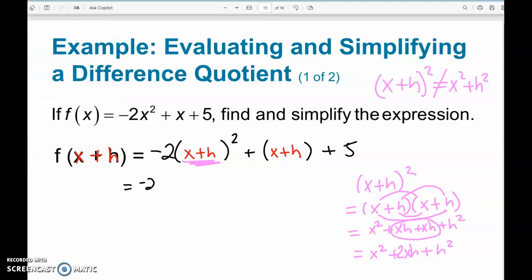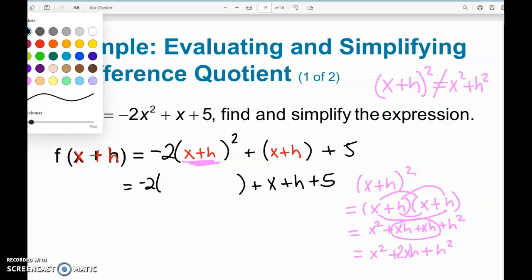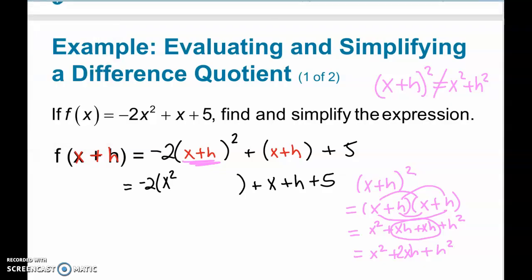We'll have negative 2, and then I'm going to put what I just calculated here. Then I have plus x plus h plus 5. I can remove the parentheses here because there's nothing to multiply by in front. And so here I'm going to put x squared plus 2xh plus h squared.